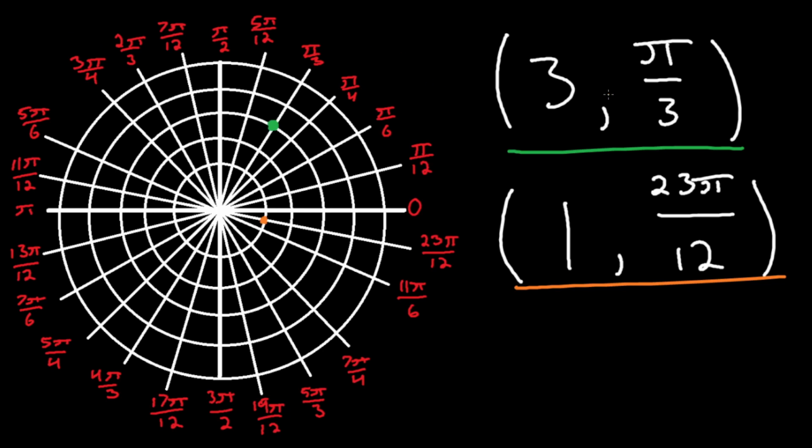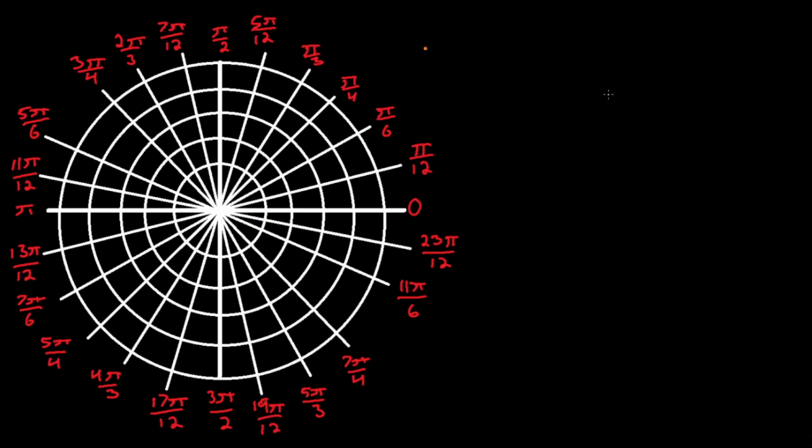All right, let's go ahead and do the opposite now. We want to find the polar coordinate by simply putting something random on the plane. Let's go ahead and pick this point right here. You guys do this. What is the polar coordinate of this point right here? Try it out.